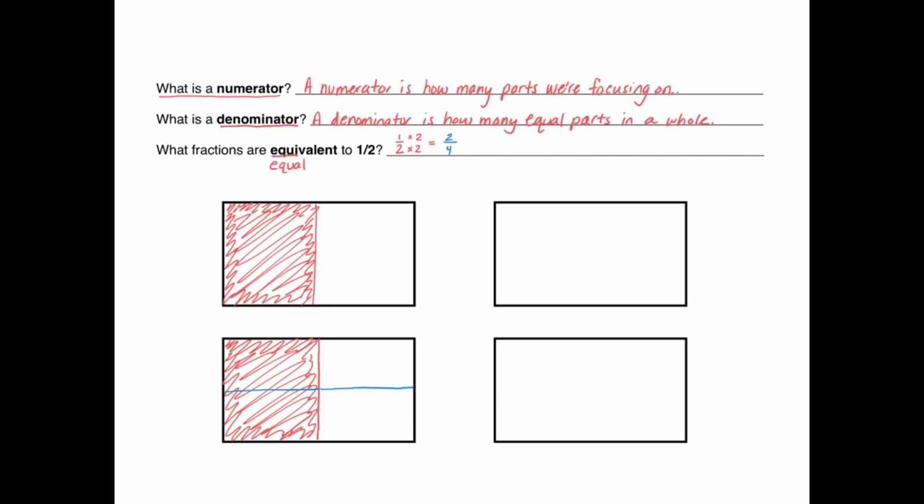Okay? Something new I want to talk about also. Maybe some of you know what this means. 2 out of 2. If I have 2 out of 2 shaded, 2 out of 2 is the same thing as, do you know in your head? 1 whole. Okay, now you don't need to write that. I just want you to think about that and see.